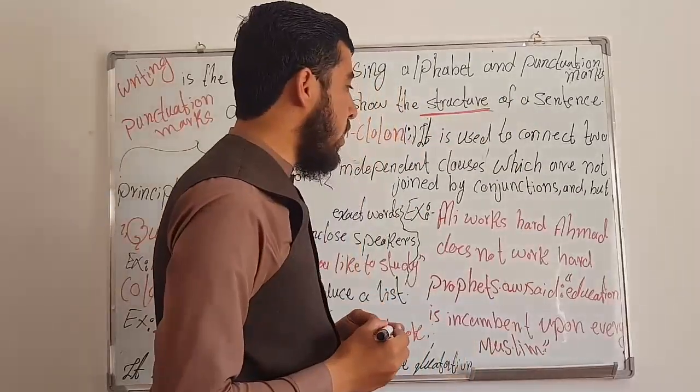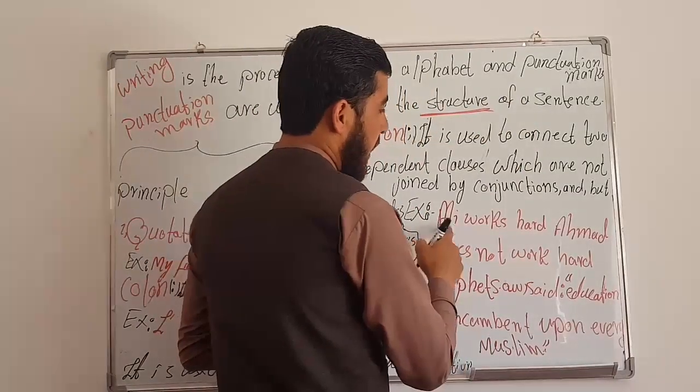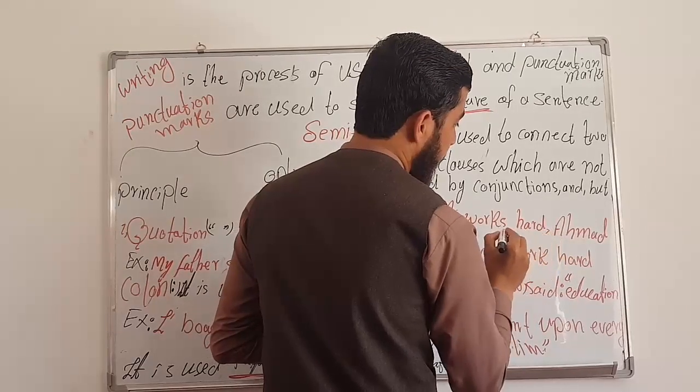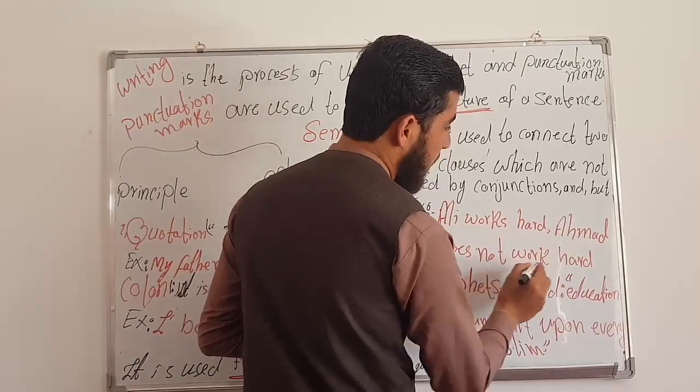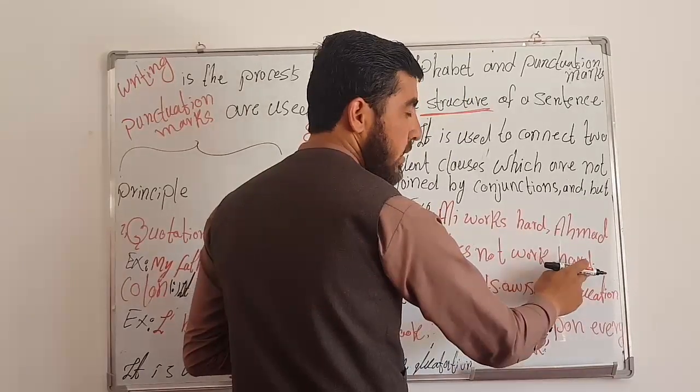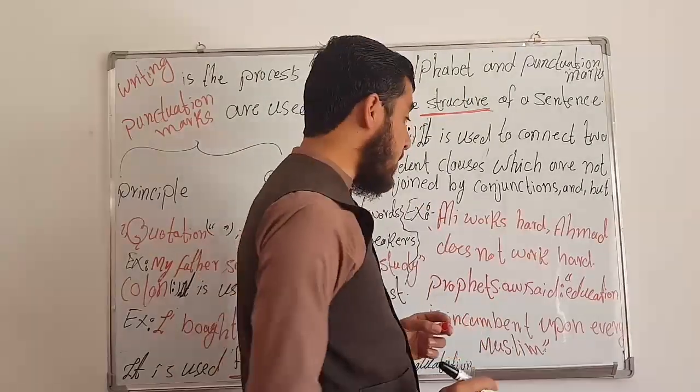So friends, there are two sentences. Ali works hard. From this place up to this place, there is one sentence. Ahmad does not work hard. From that place to this place, there is another sentence, right?